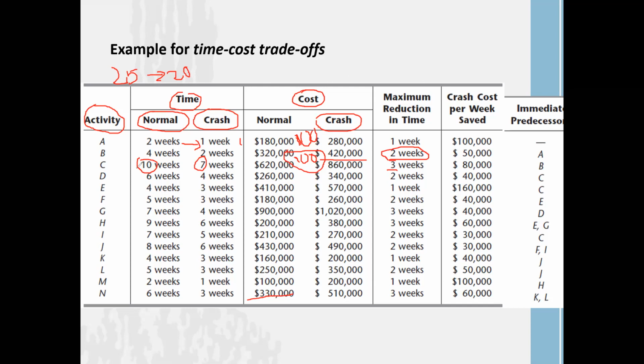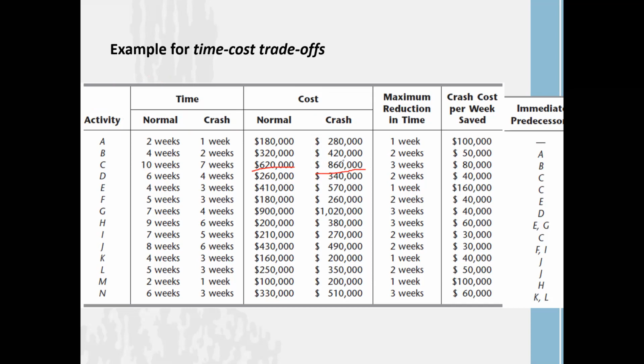Okay, so another example here, activity C. The normal time period of activity C is 10 weeks. It is consuming 620,000. Right? But when you are reducing it by 3 weeks and trying to complete within 7 weeks, now it is consuming 860,000. Okay, so what is the difference?